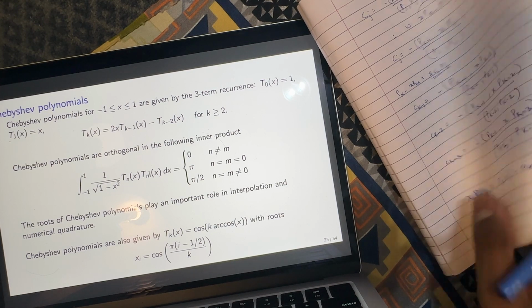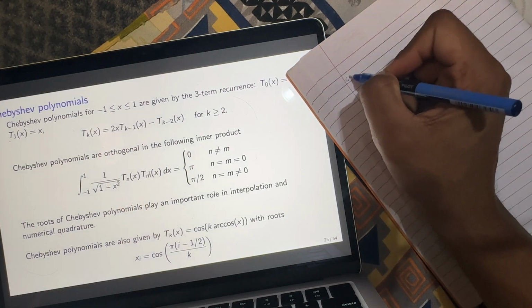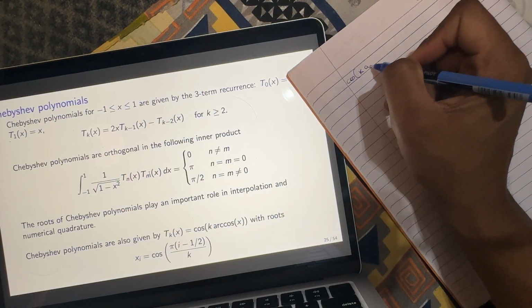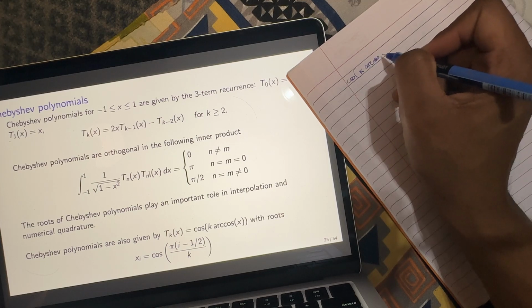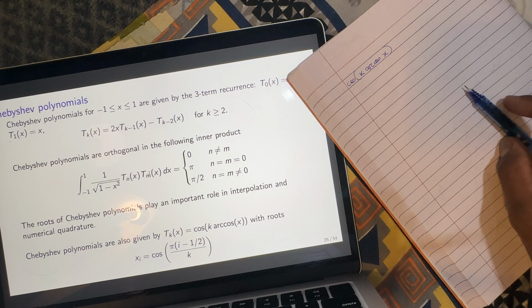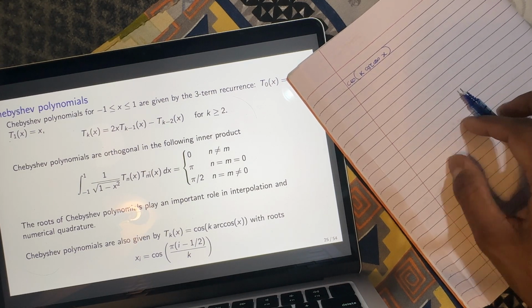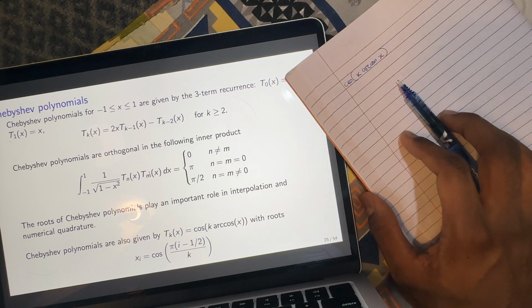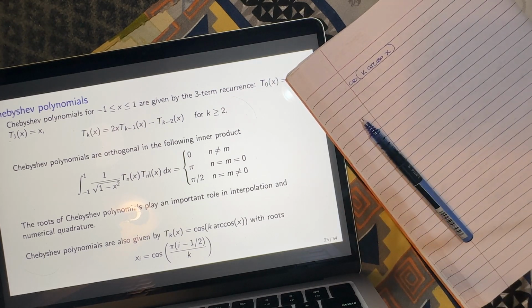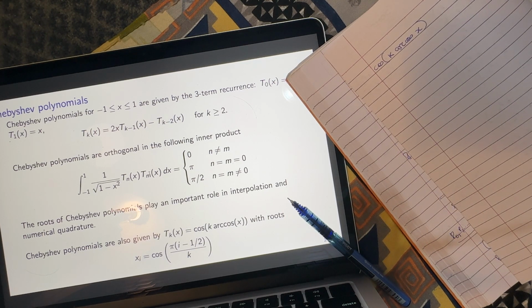This is the polynomials cosine k arc cos of x, on minus 1 to 1, and they satisfy this recurrence relation. How? Why?